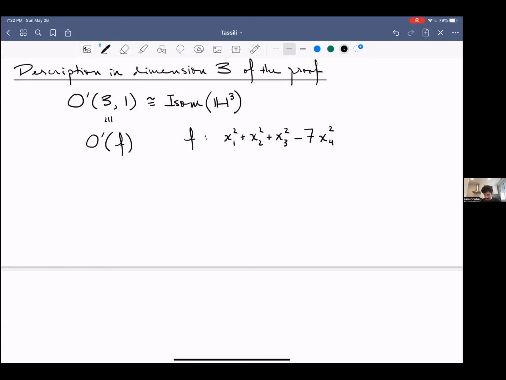But now if I take the group of 4x4 matrices preserving this quadratic form with entries in Z, with integer entries, this will be a lattice in O(F), I mean O(F, R).